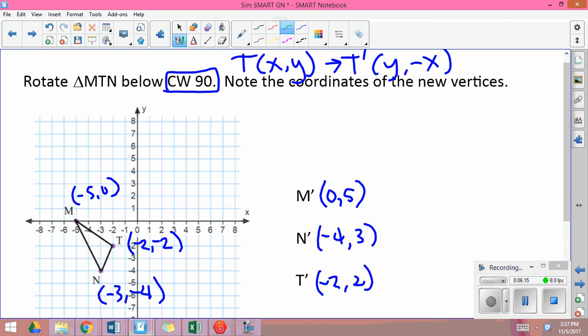So when I go to graph this at 0, 5, -4, +3, and -2, +2, you can see how that figure from here to here goes clockwise 90 degrees and stays the exact same shape.